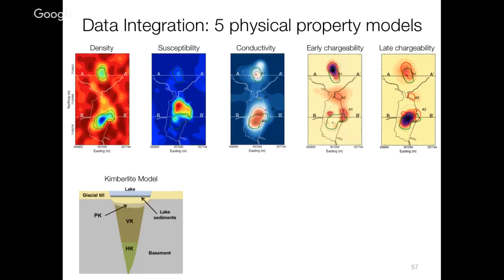So we could regard those as 5 different physical properties, and we could try to make a geophysical rock model, right? So take something that's got, okay, low density, high susceptibility, high conductivity, low early time chargeability, and high late time chargeability. That would be one combination. Or we could do other things too.